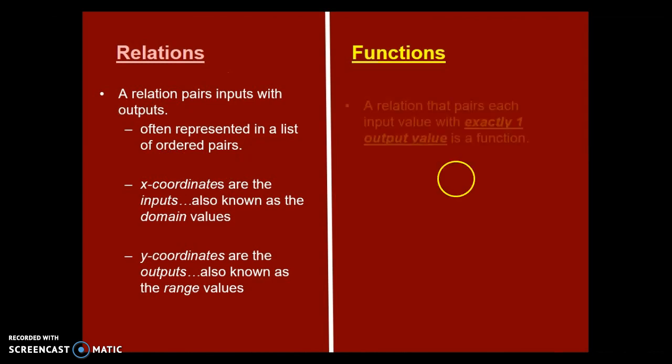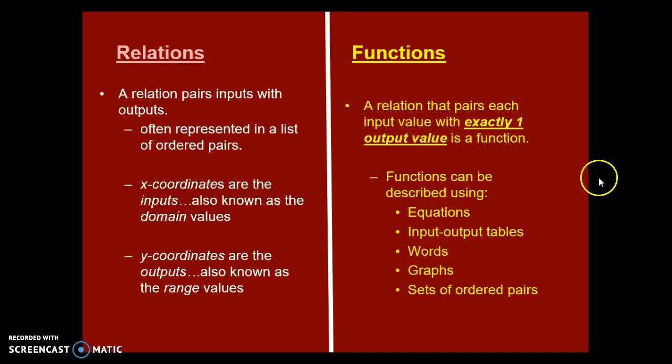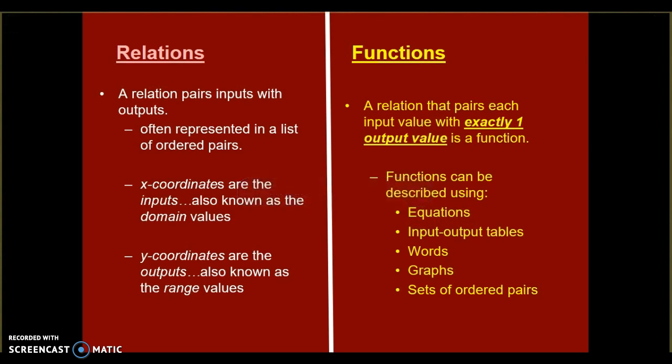Then when we talk about our functions, that's a specific type of relation, and that's where we have exactly one output with every input. So every input has exactly one output. And we can show that as an equation. We can show it as input-output tables.